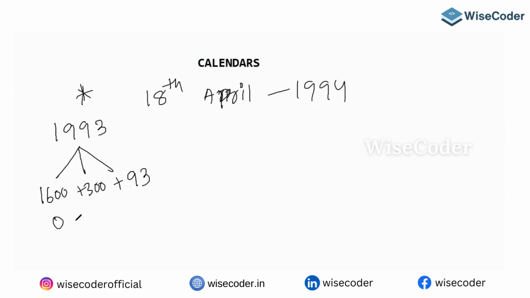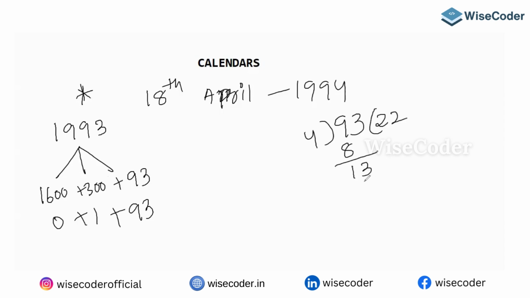0 plus 1. Whether it is a leap year or non-leap year, I will have 93 odd days. But in 93, how many leap years do I have? Divide by 4. 4 twos are 8, 1 and 3. 4 threes are 12. So there are 23 leap years.